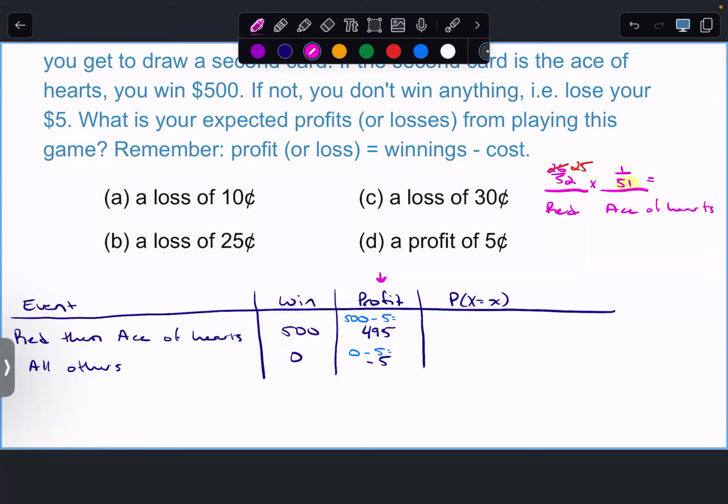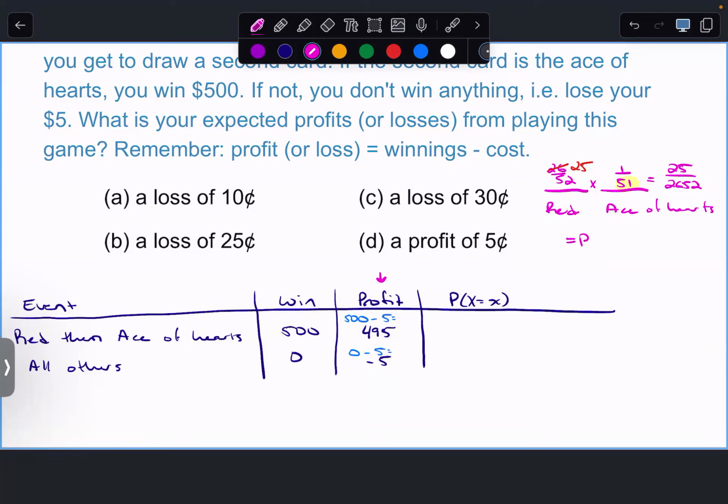25, oh boy. I can do 25 times 1. It's 52 times 51 I want to do. This is going to be 25 over 2652.